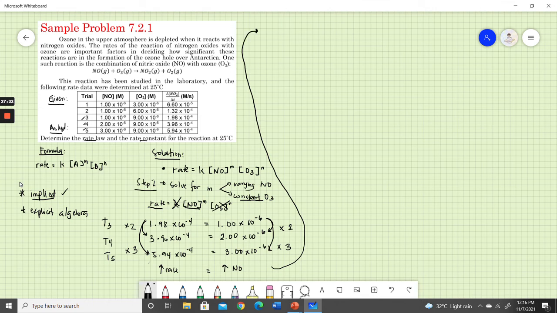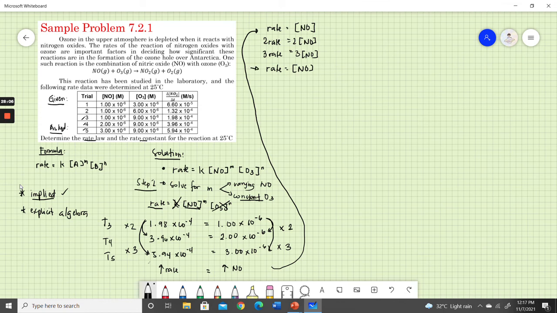Rate is equal to NO. So if I double my NO, my rate also doubles. If I triple my NO, my rate also triples. So mangyayari in the end, ang relationship niya is basically rate is equal to NO.